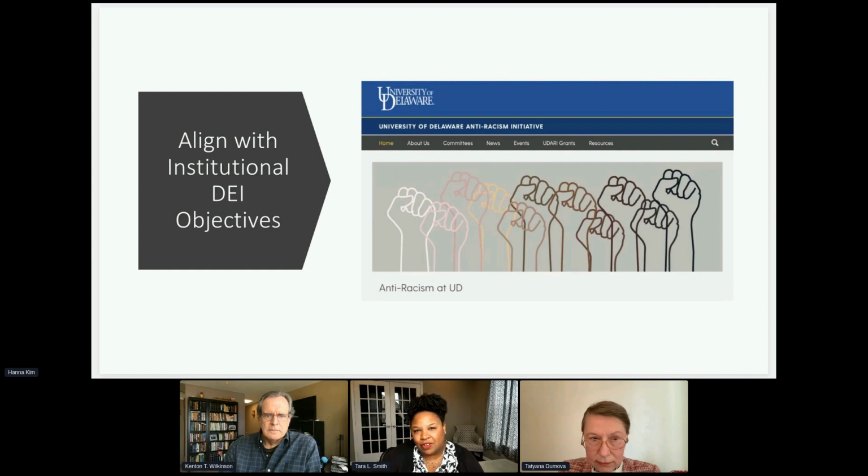So for example, at the University of Delaware, one of the things that we're really proud of, and one of the things we recently started in the past few years, is the Anti-Racism Initiative, or UDARI, University of Delaware Anti-Racism Initiative. And this has grown to be more than 400 individuals of faculty, staff, students, and community members who are all working together on this common goal of combating systemic racism and reducing racial inequalities on campus and in the broader community.